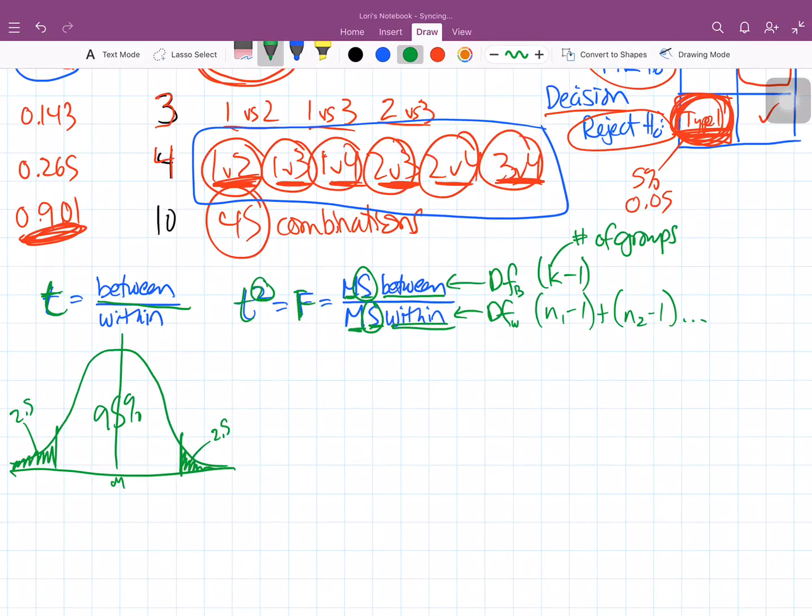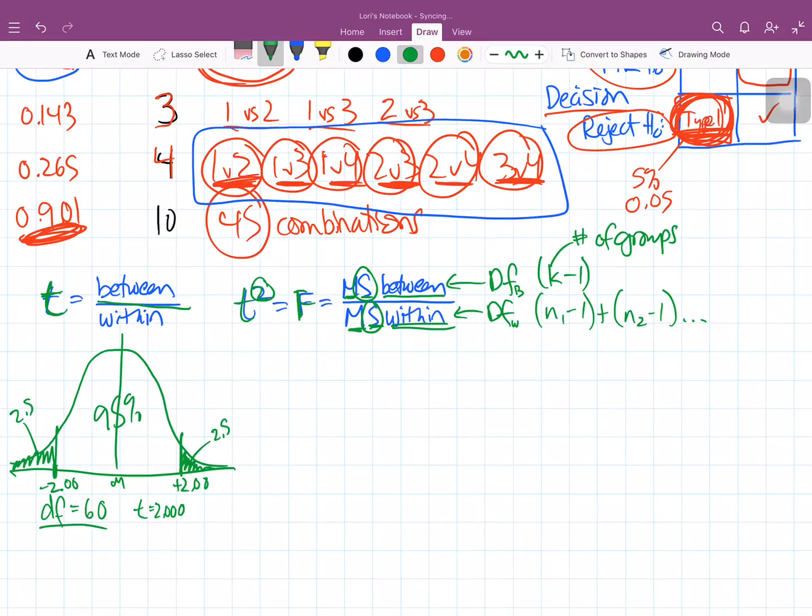So if we have, let's say, degrees of freedom equal to 60, remember this cutoff, this critical value, is equal to -2 and +2. That t, the corresponding t, is equal to 2.000. So as the sample size gets smaller, more and more of that area falls into the tails. But just let's go with the degrees of freedom of 60.